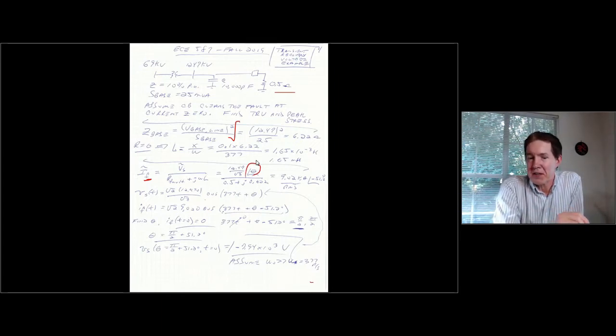I'm putting that back in now. When I do the calculation for the current, I have an RMS magnitude of 9.02 kiloamperes, and note I have a phase shift of minus 51.2 degrees. It's nowhere near the minus 90 degrees I would expect if I just had a purely inductive circuit.